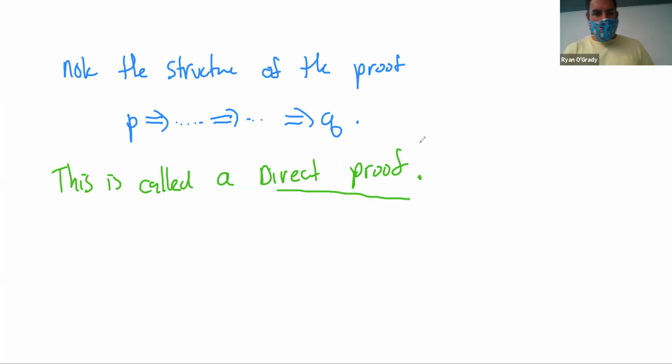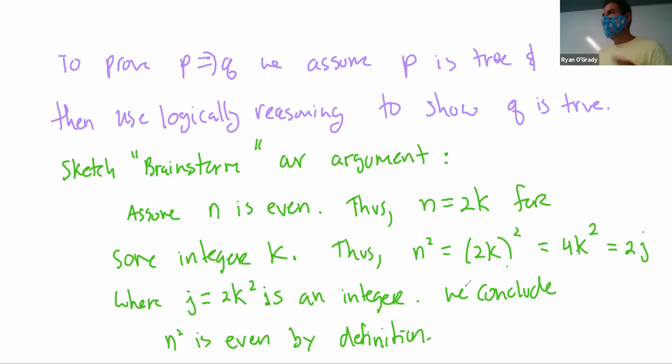And so here is a polished proof of that. Notice on the previous page, I said, let's sketch or brainstorm. This one, there wasn't much sketching or brainstorming because it was just a couple steps of logical deduction. We wrote down the definition of what even meant. We used some basic properties of arithmetic and concluded that n squared had to be also even.